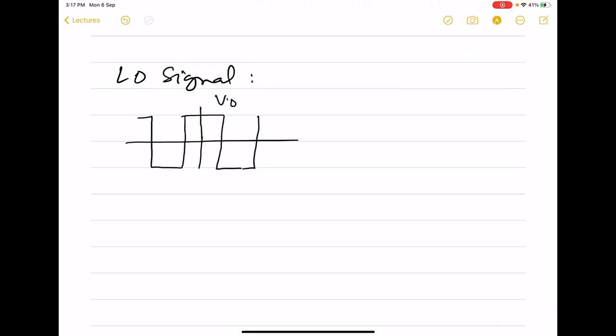So say this is VLO plus and VLO minus will be its complement.